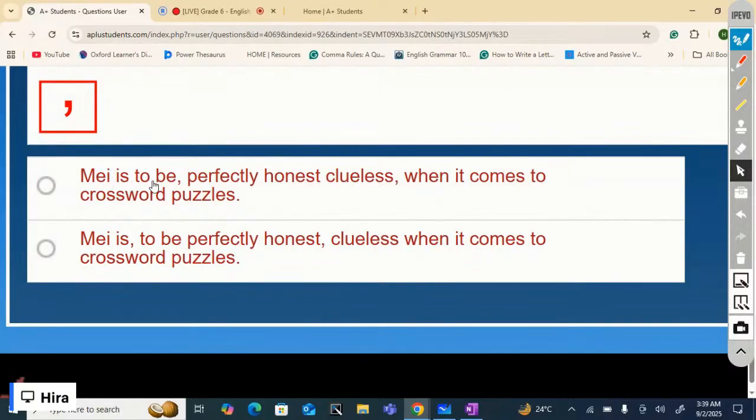May is, to be perfectly honest, clueless when it comes to crossword puzzles. Or May is, to be perfectly honest, clueless when it comes to crossword puzzles.